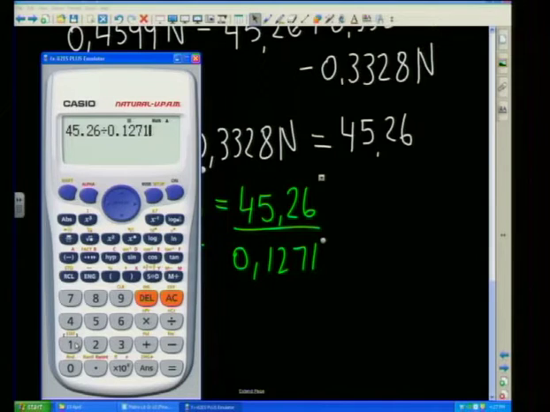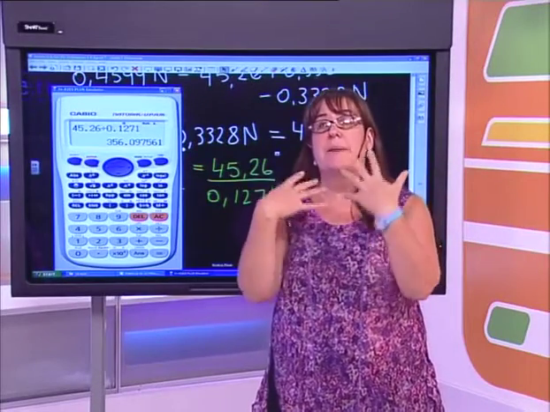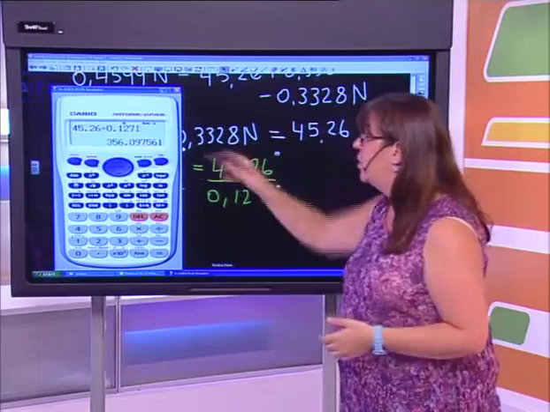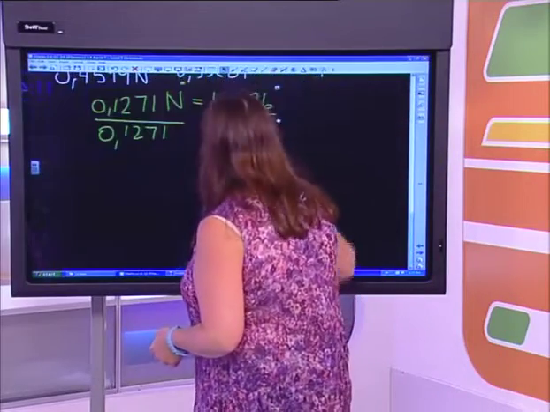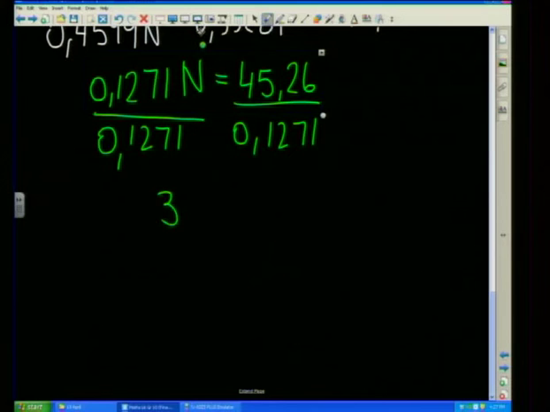And I just double check that I got that right, and I get an answer of 356.09. Now we're dealing with units. Remember, we're paying per unit, so I'm going to round down in this case to 356 units. So my answer to this is 356 units.